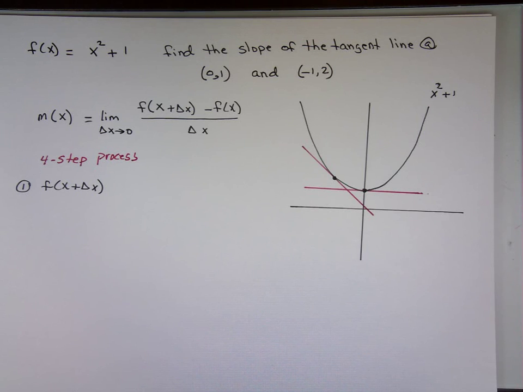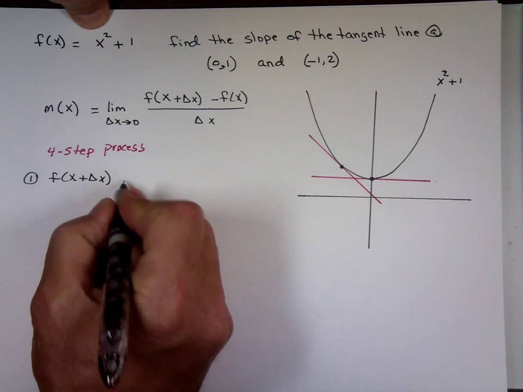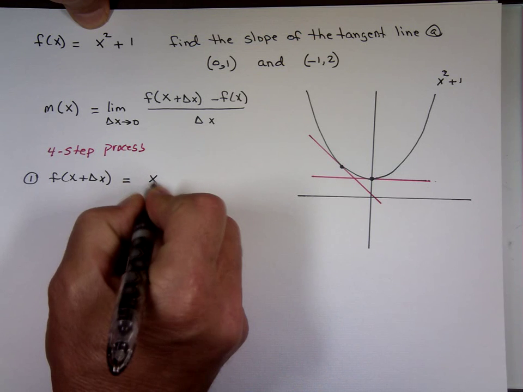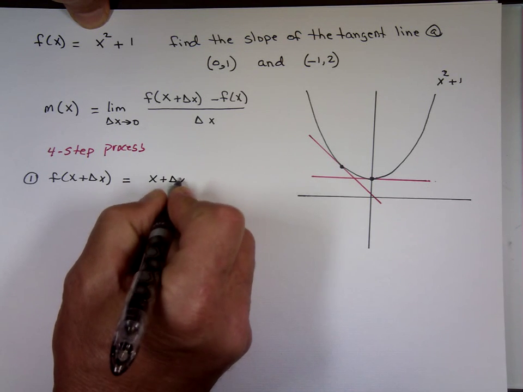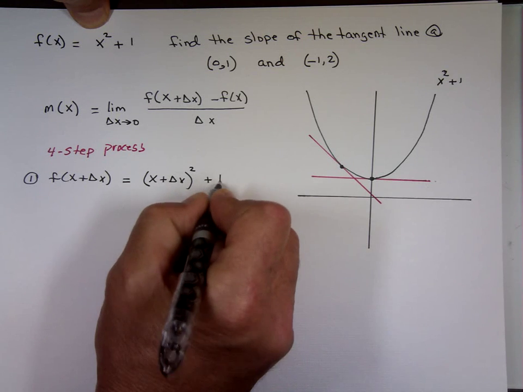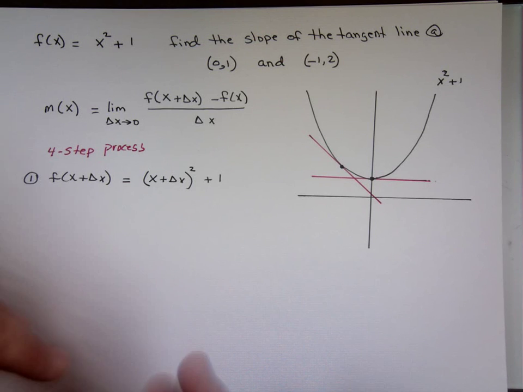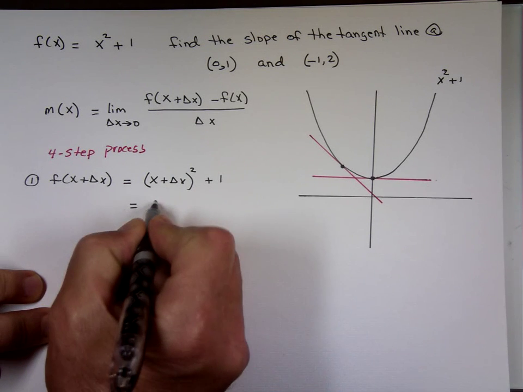How do you find f of x plus delta x? You go to this problem and replace x with x plus delta x. If we FOIL this one, multiply it out, this will be x squared plus 2x delta x plus delta x squared, plus the 1. That's why I don't like the delta x.